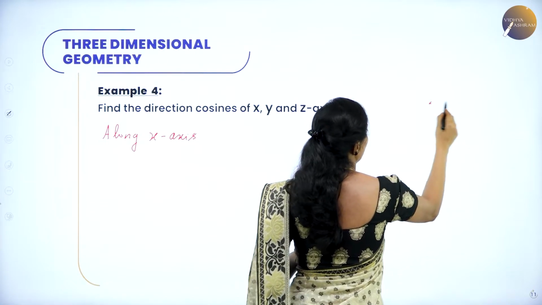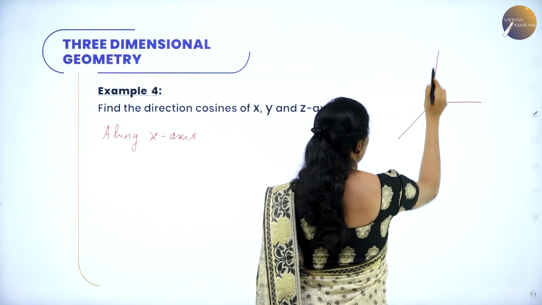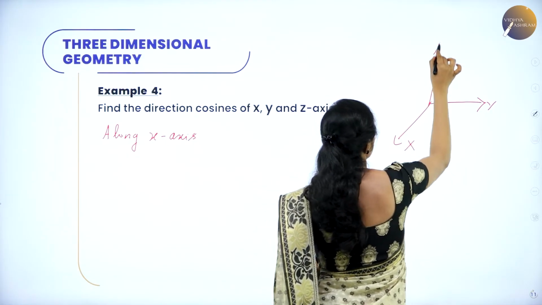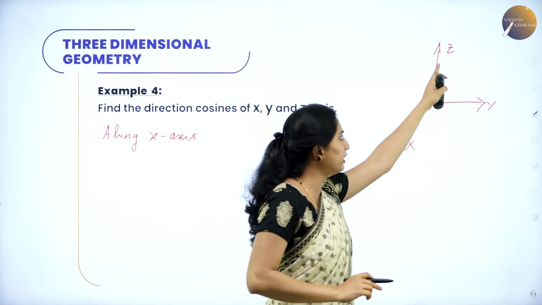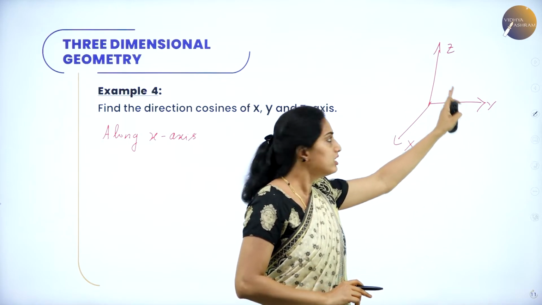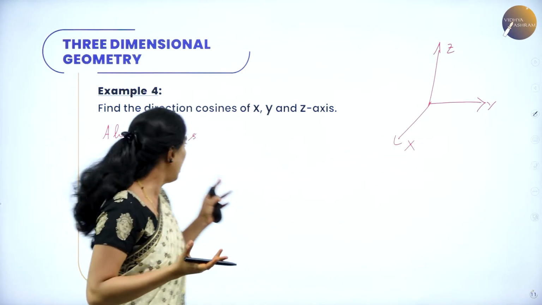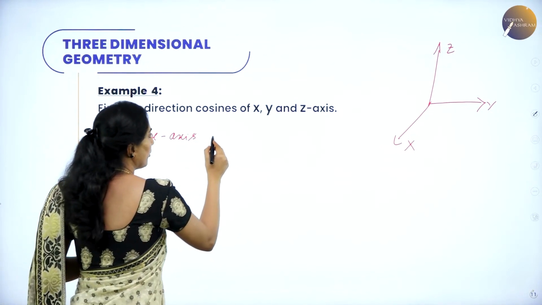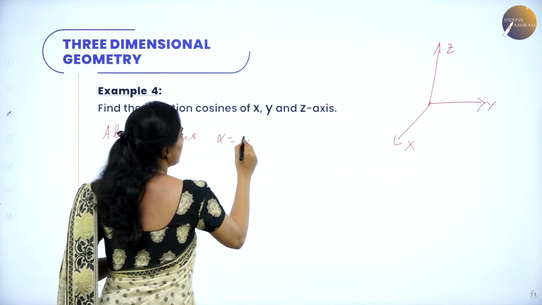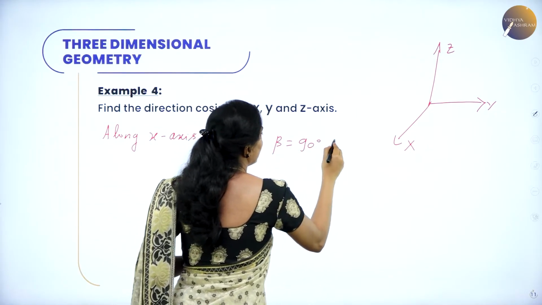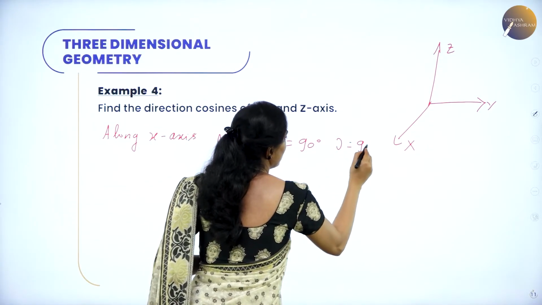So this is the y-axis, x-axis and the z-axis. See, x and y are perpendicular to z. Similarly, y and z are perpendicular to x. Perpendicular means 90 degrees. Along the x-axis means you are going to have alpha equal to 0 degree, beta equal to 90 degrees and gamma equal to 90 degrees.